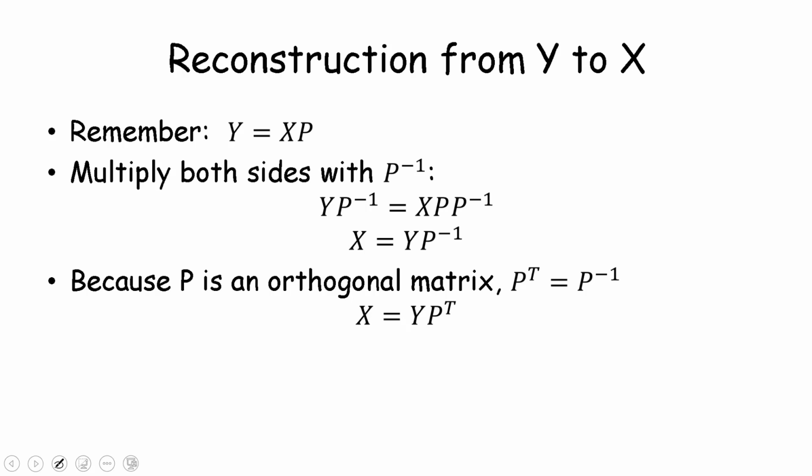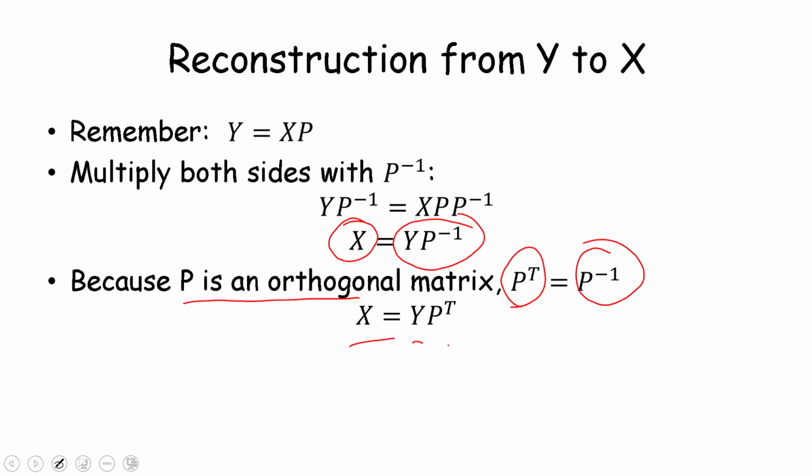Remember that Y was obtained by multiplying X with P. We should therefore be able to obtain X back by multiplying Y with the inverse of P. And remember that P is an orthogonal matrix, which means the transpose of P is equal to the inverse of P, allowing us to write X equals Y times the transpose of P. Reconstruction takes us back from the principal component space to the original coordinate space.